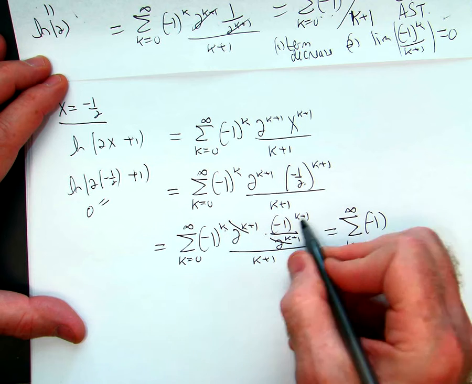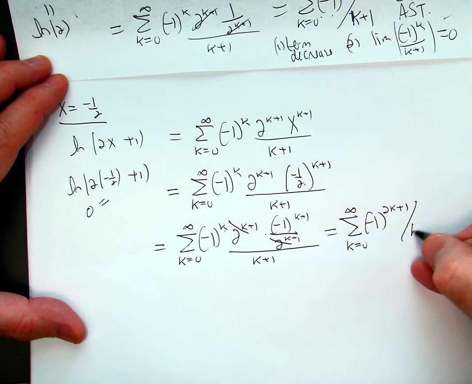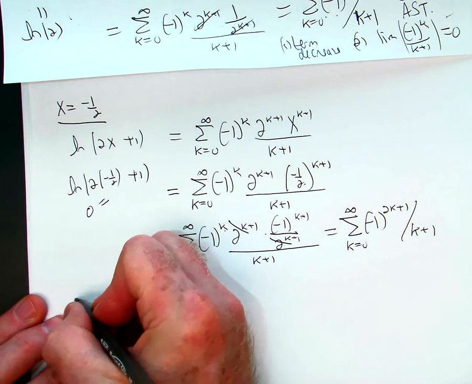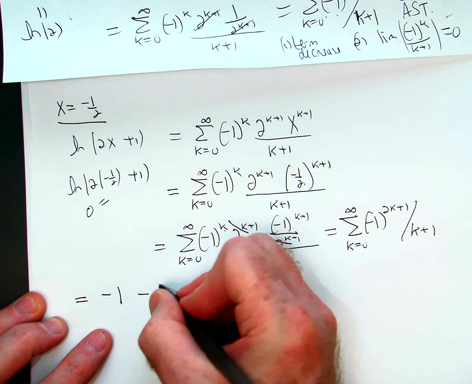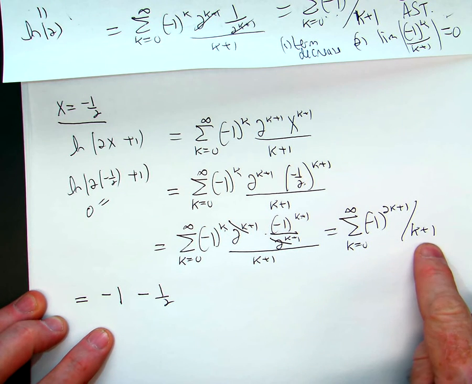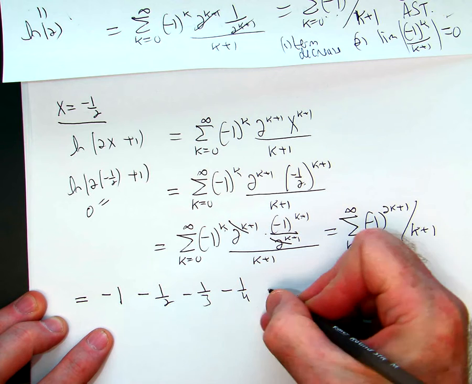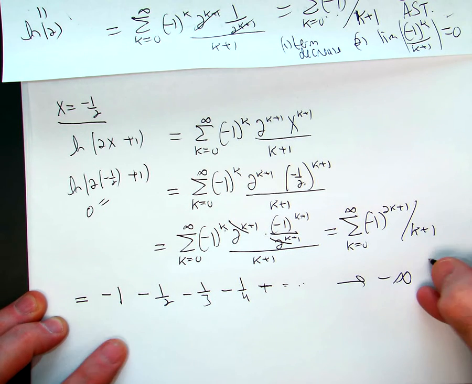Minus 1 to the 2k plus 1 is always going to be negative, over k plus 1. This is going to be the negative p-series, so let me write this out. I'm going to have minus 1 for k equals 0, minus 1/2 when k equals 1, minus 1/3, etc. And this is going to go off to minus infinity, so it diverges.